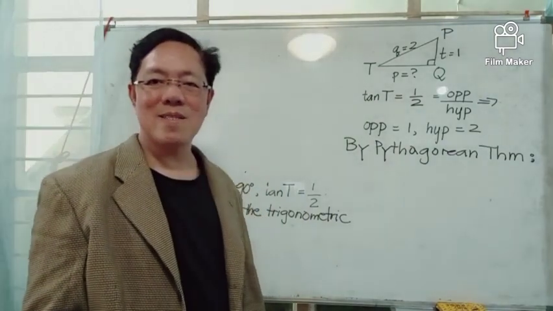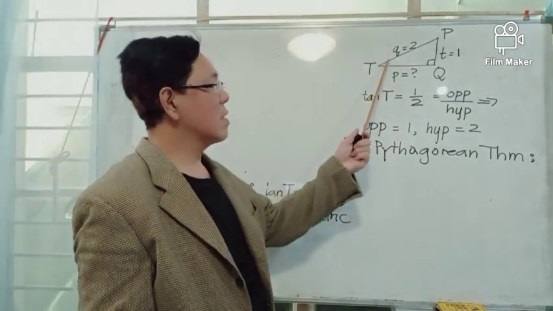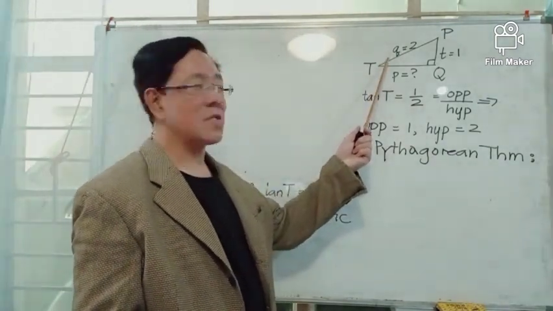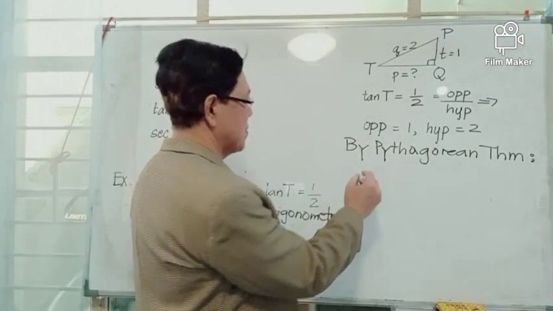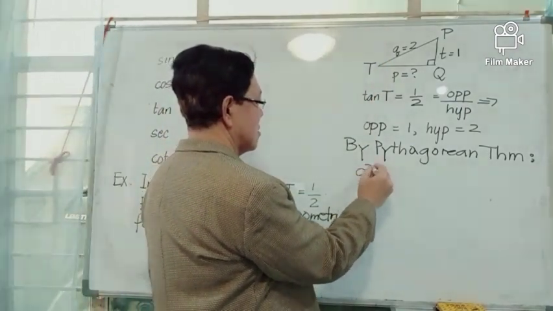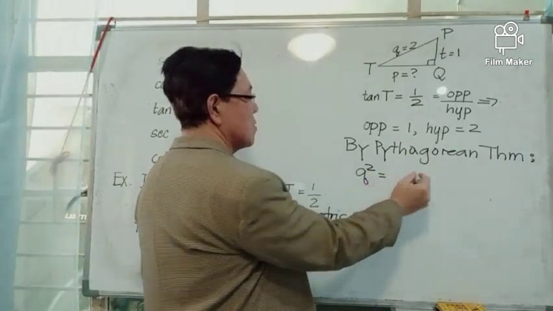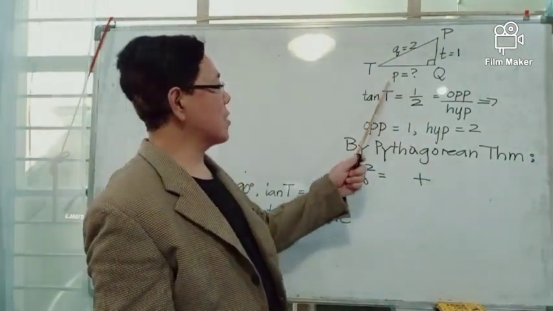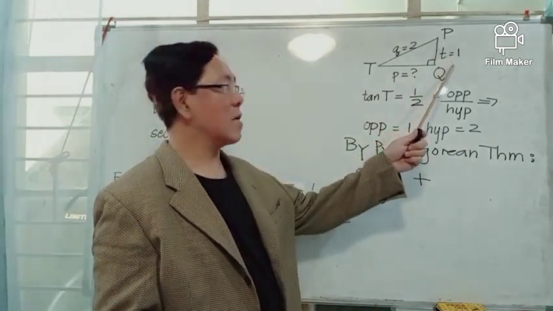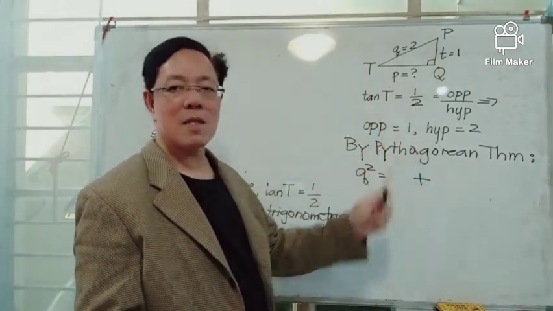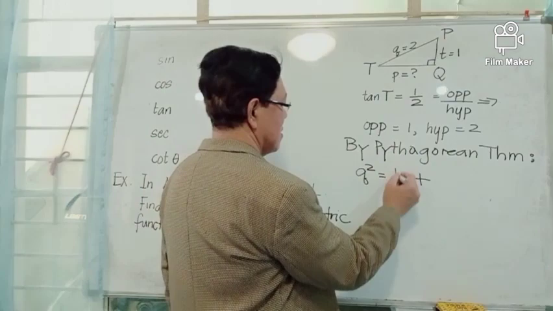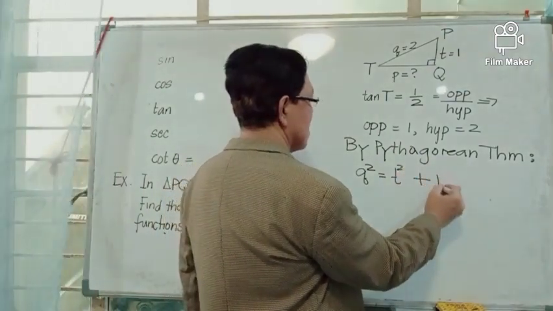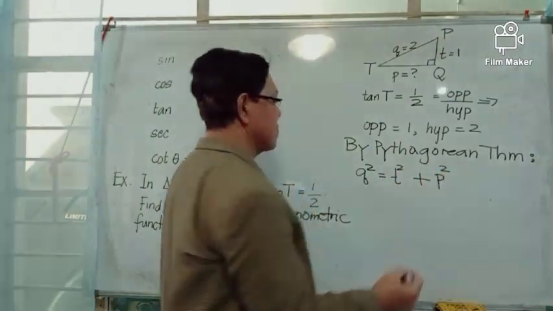The Pythagorean theorem says the square of the hypotenuse, in our diagram the hypotenuse is small q, is equal to the sum of the squares of the two other sides. The two other sides are t and small p. T squared plus p squared.